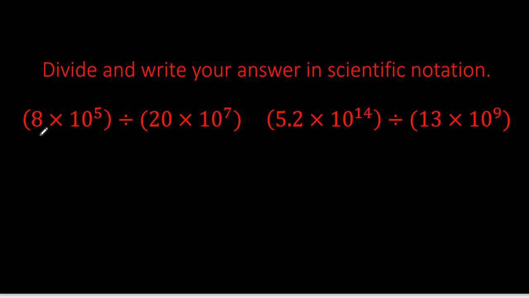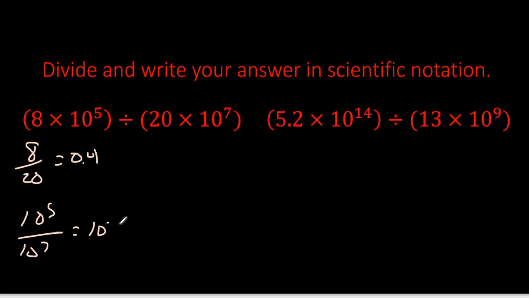Next, we're going to divide. So 8 divided by 20 is 0.4, and 10 to the 5th divided by 10 to the 7th is 10 to the negative 2. When we divide, we subtract the exponents, and 5 minus 7 is a negative 2.